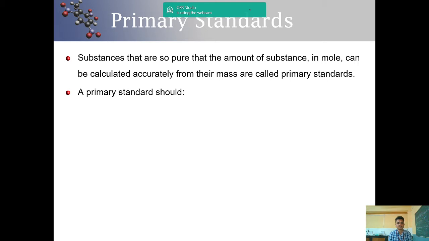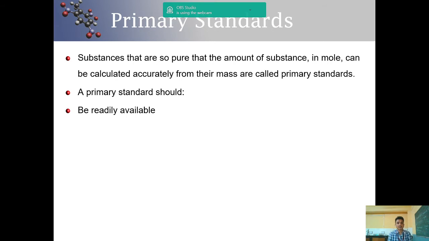Now we will shift to the requirements of primary standard substances: how we can say these are primary substances or secondary substances.